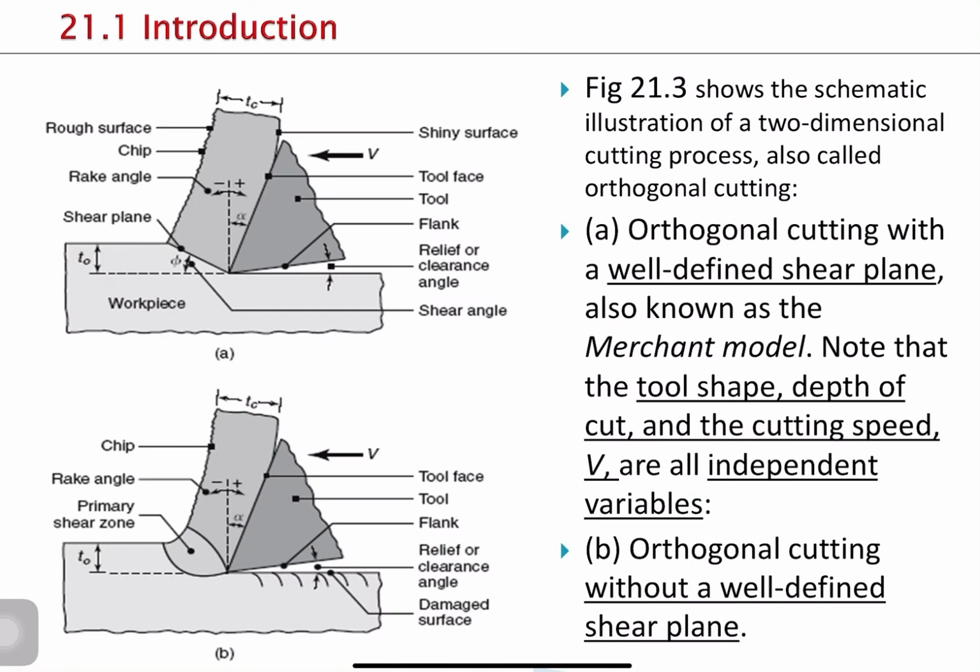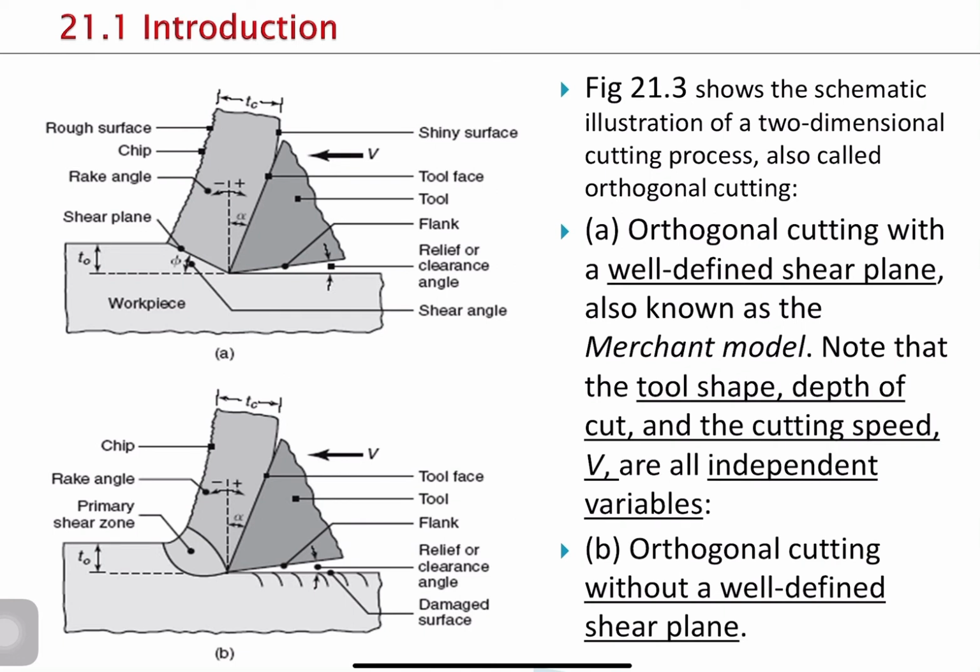All right, so this schematic diagram is very important for you to understand the basics of material removal. The figure here is labeled figure 21.3, based on the figure number in the textbook Manufacturing Technology by Kalpakjian.